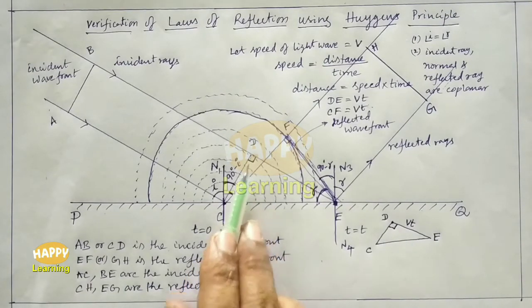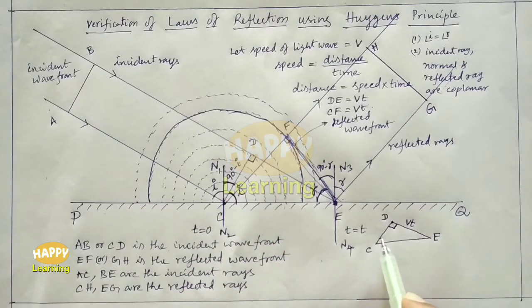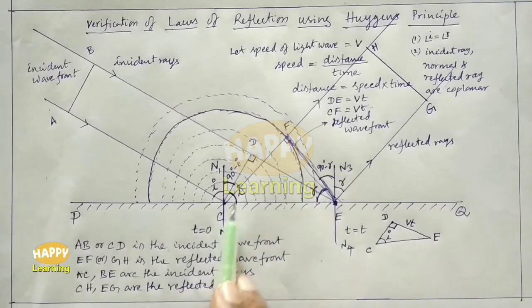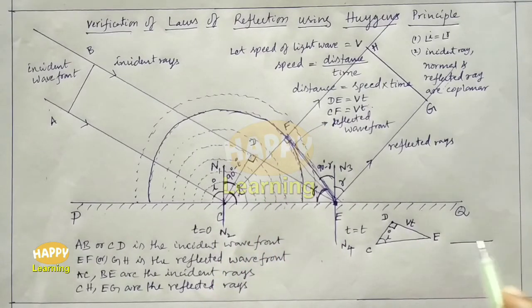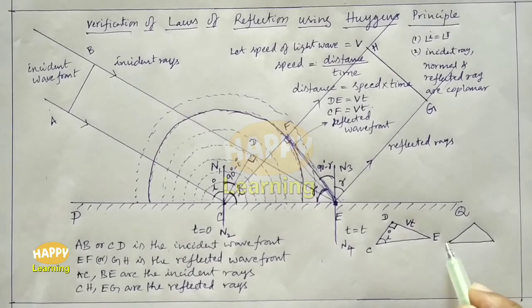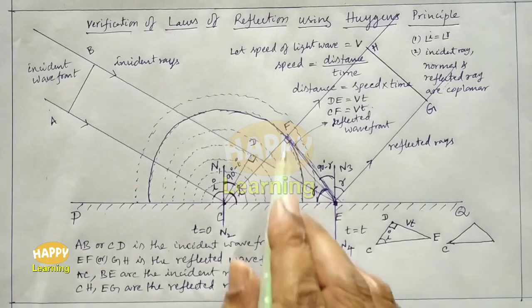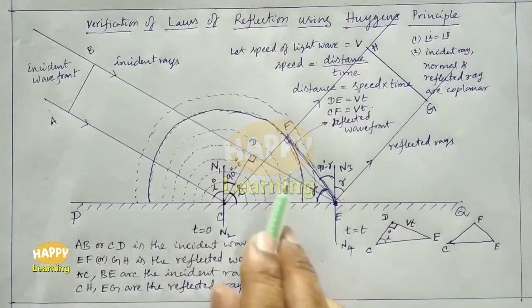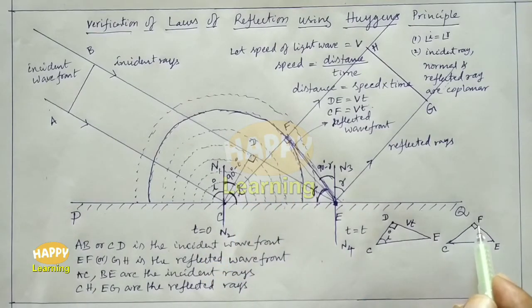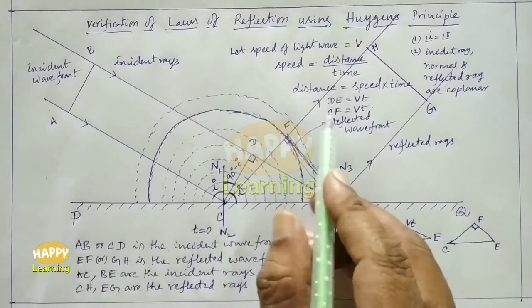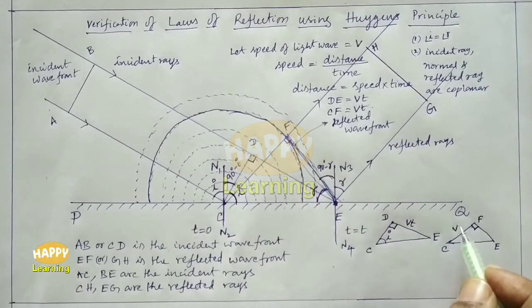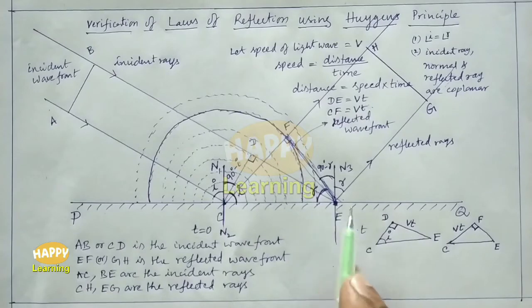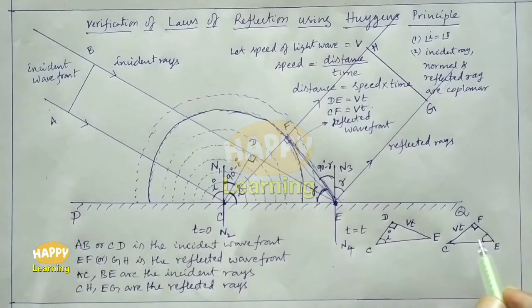And this DCE angle, this angle is I. Then let me draw this CEF triangle. C, this is F, this is E. At F, the angle is 90 degree. CF is equal to VT, and at E, this angle is R.